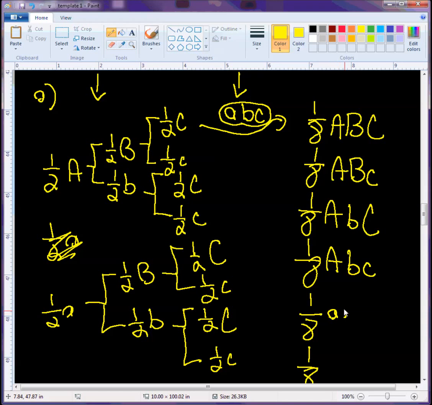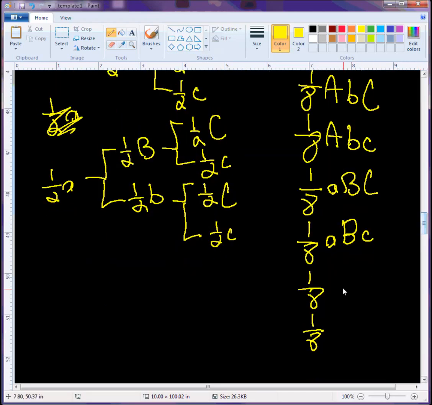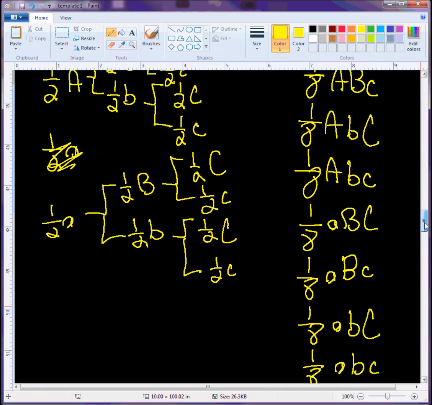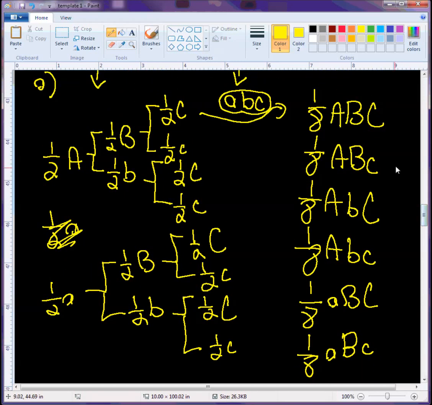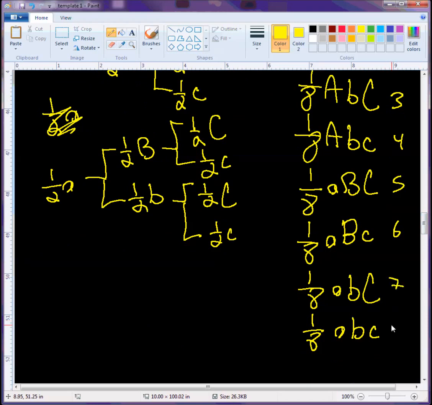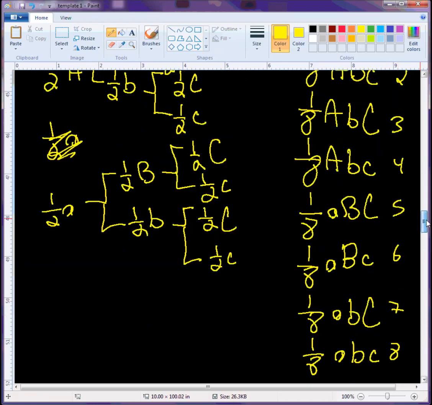So little a, big B, big C, little a, little b, big B, little c, little a, little b, big C, little a, little b, little c. Okay, so we have 8 possible gametes here, right? Let's see. 1, 2, 3, 4, 5, 6, 7, and 8.